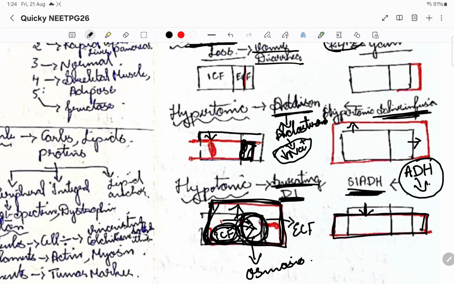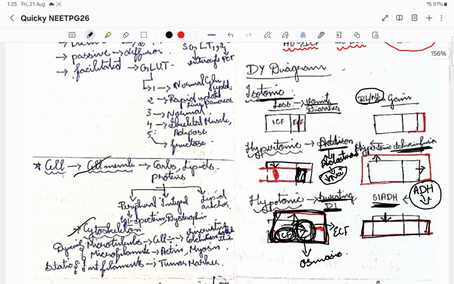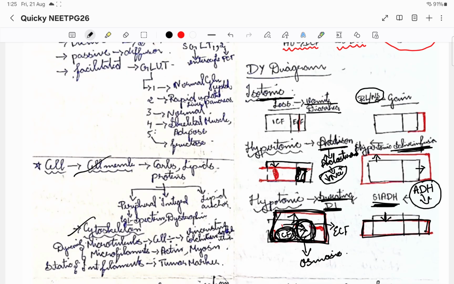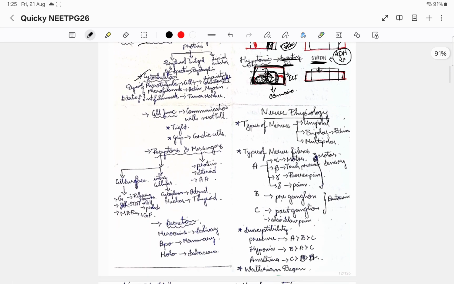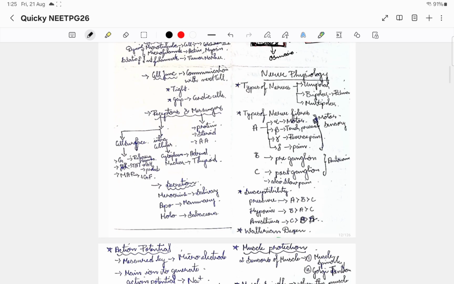So there is increased fluid, because the solute has not changed but the fluid level has increased and the concentration is getting decreased. That is how it becomes a hypotonic solution. Okay, that's it with respect to the diagram. Please note the diagram and all the solution examples. All the solution examples should go to your sticky notes. That is all with respect to the diagrams.